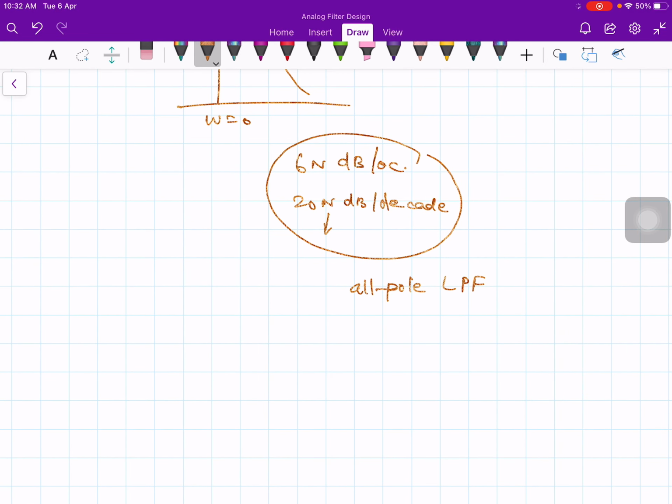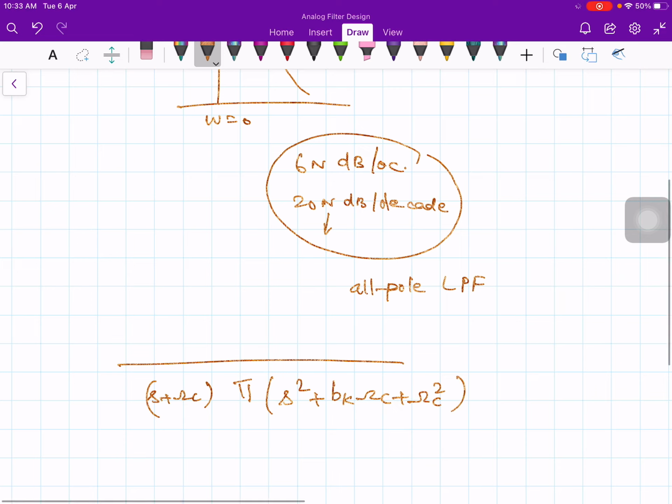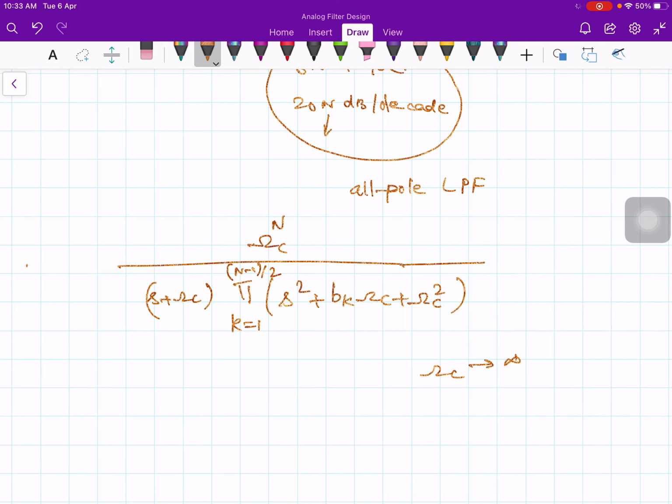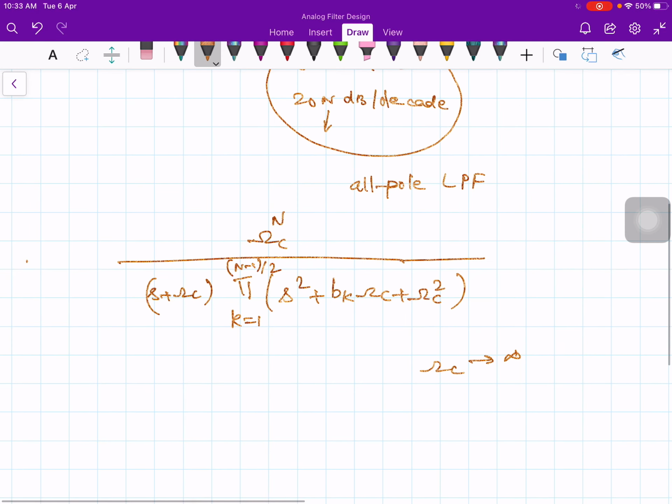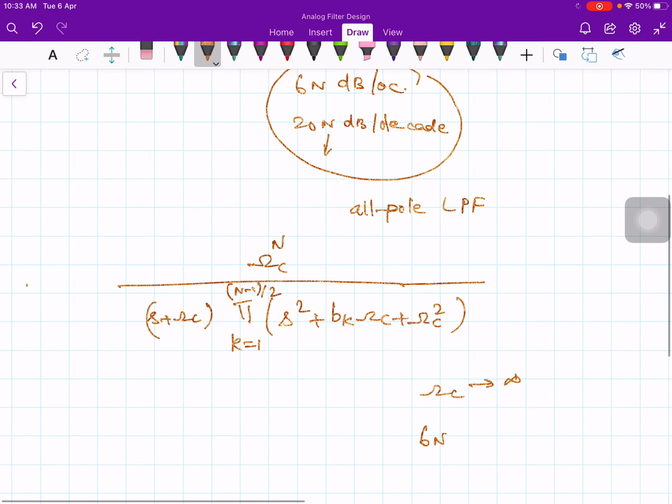For example, we said if you have in the denominator s plus omega c, then continued product of s squared plus bk omega c s plus omega c squared, where k equal to 1 to (N minus 1) by 2, and in the numerator omega c to the power capital N. Okay, so then if omega c tends to infinity, all such transfer functions will have an asymptotic slope of 6n dB per octave.